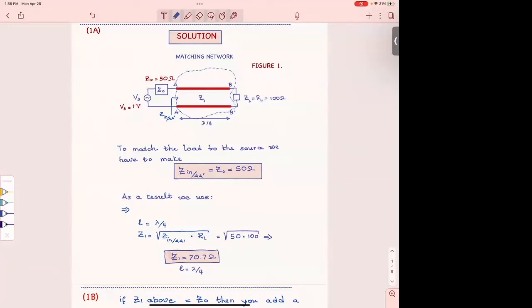So you want to transform 100 ohms to 50: 50 times your load, square root, and that gives you 70.7 ohms. So I can take a quarter wavelength line of 70.7 ohms characteristic impedance, and that is going to match perfectly.